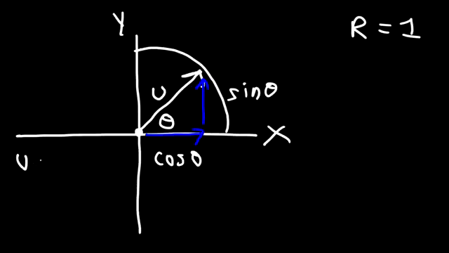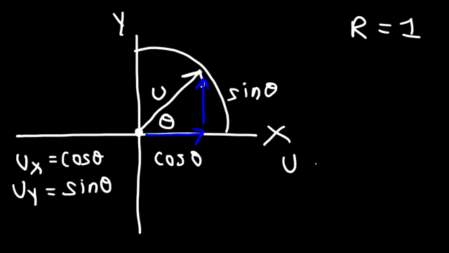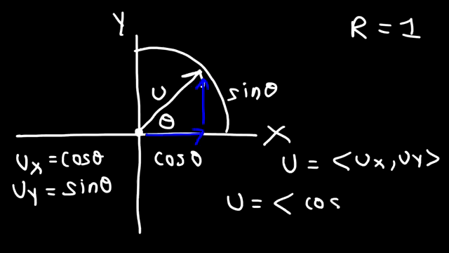So we can say that ux is equal to cosine theta, and uy is equal to sine theta. So as we represent the unit vector u as being ux comma uy in its component form, we can also say that it's basically cosine theta and sine theta.